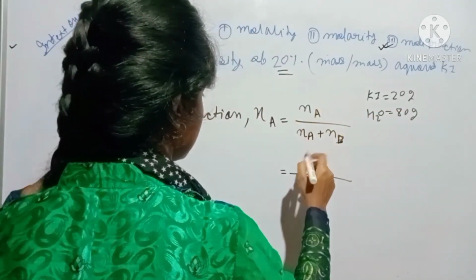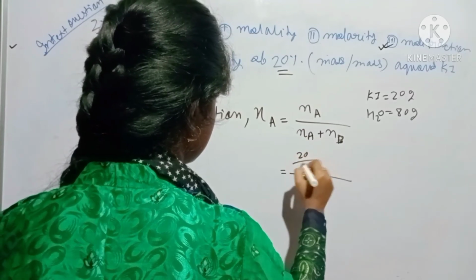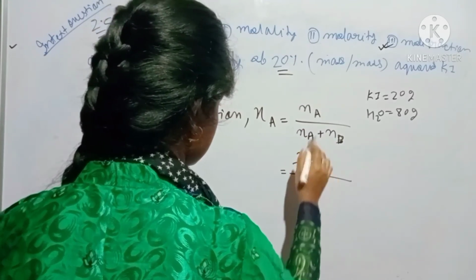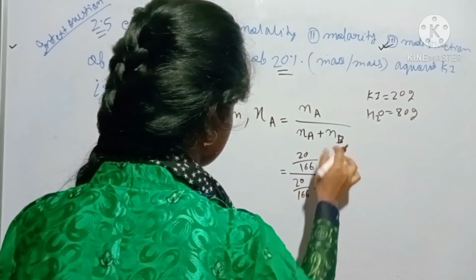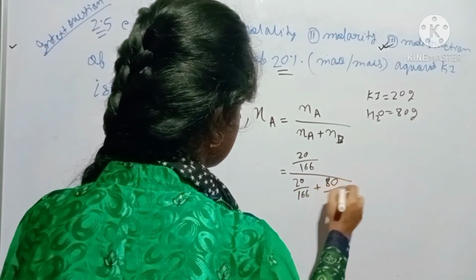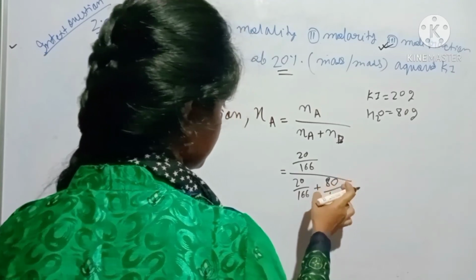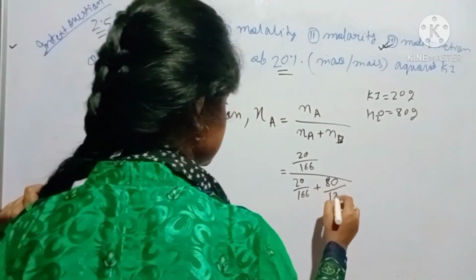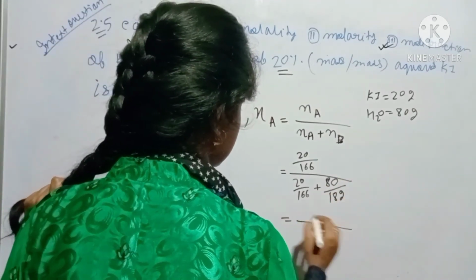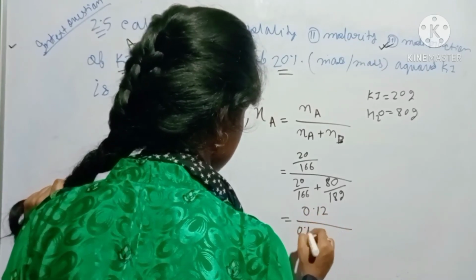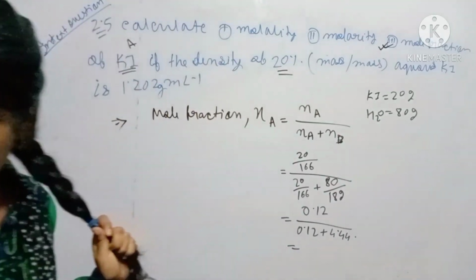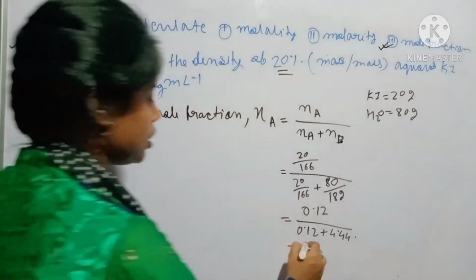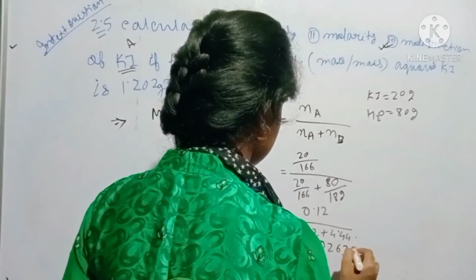So it will be 20 divided by 166, and for Nb it's 80 gram given mass divided by the molar mass, 18 gram. If you calculate this, it is around 0.0263.